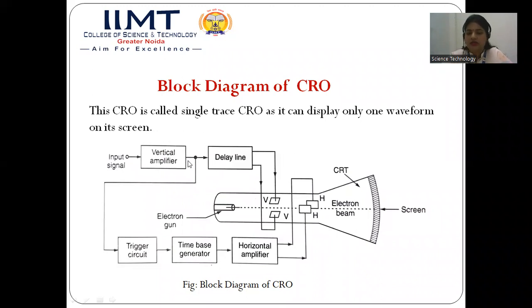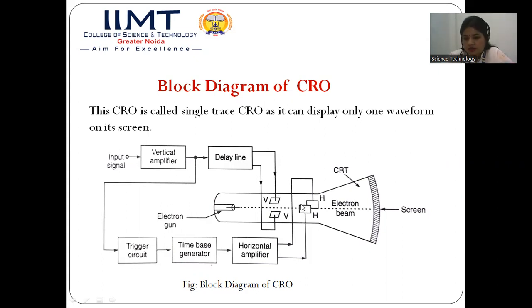If we are directly applying the input signal from the vertical amplifier to the vertical deflection plate, the input signal will reach the vertical plates earlier as compared to the horizontal plate. The horizontal plates will get the signal later, and in the vertical deflection plate, the signal will arrive early.